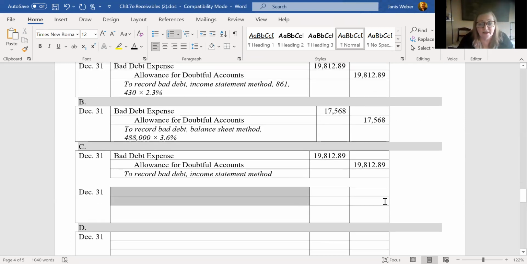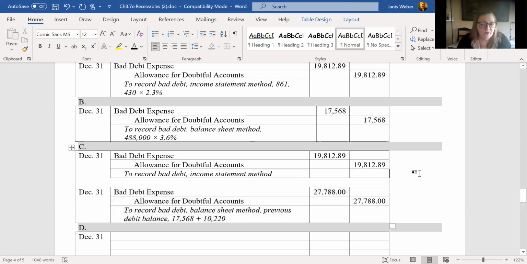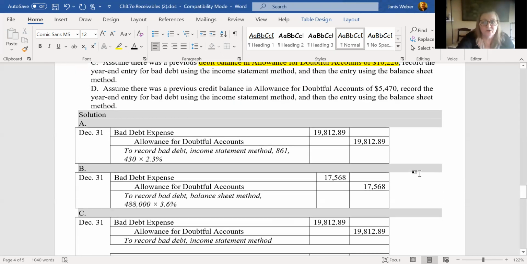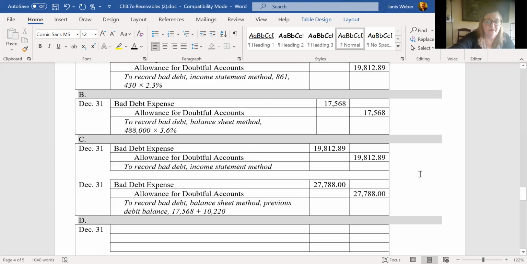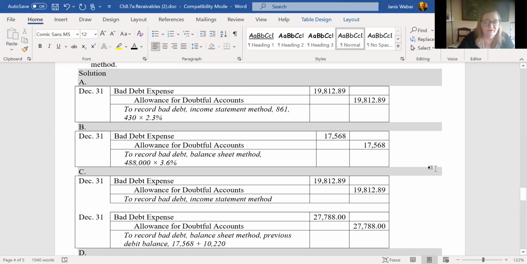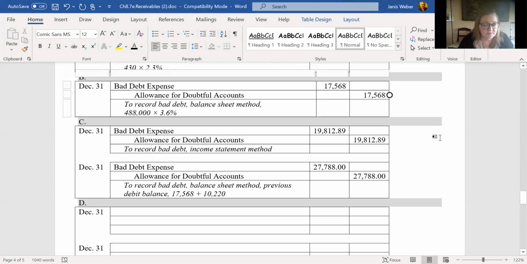So we have to clear that debit out and then leave a balance of 19,812. So we would have to credit the account for the 10,220 to get it back into the positive, and also credit it for the amount of this calculation we made, which was the 17,568. So that's why it's so large, the adjustment. We're trying to bring the ADA balance to the correct number with the balance sheet approach.